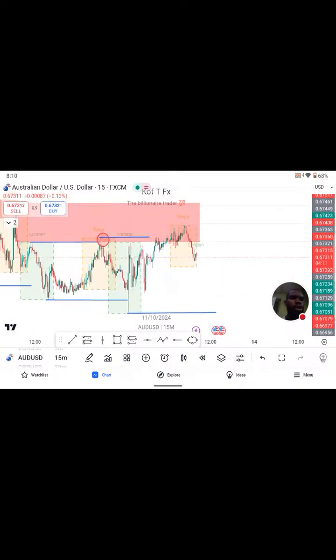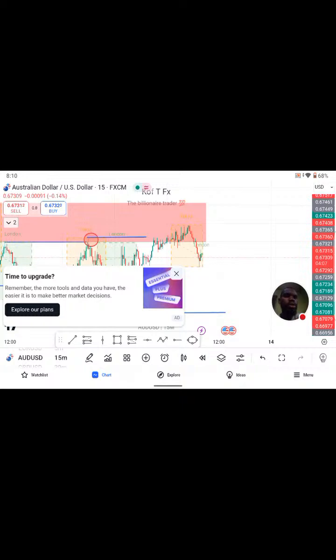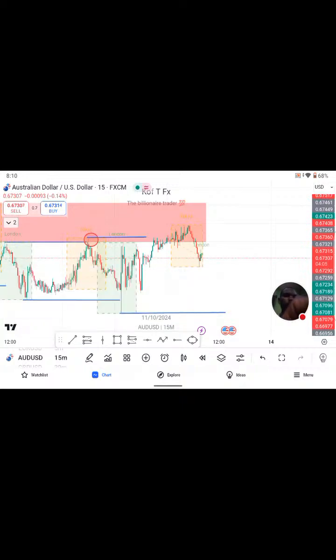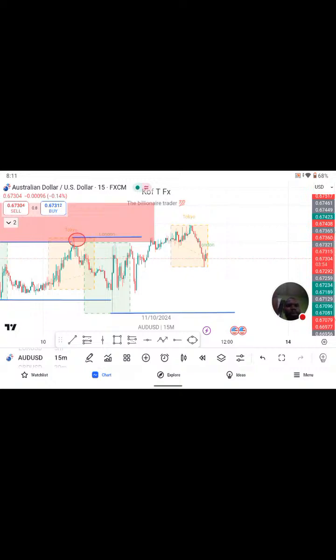So as it is, considering the pattern, the symmetrics I'm trying to follow while taking my trade, let me draw out the structure I can actually find there. But for me, looking at it, I don't have the structure here.